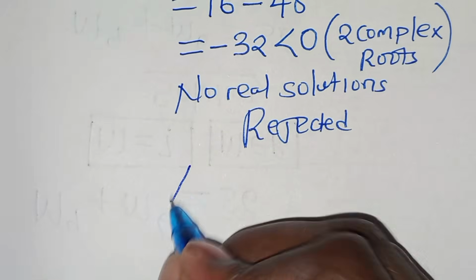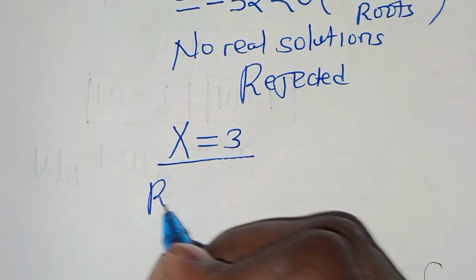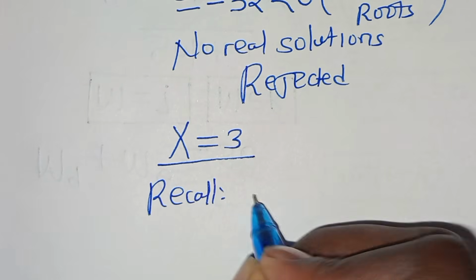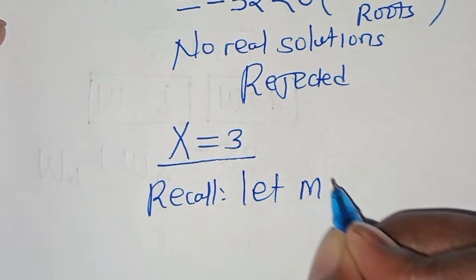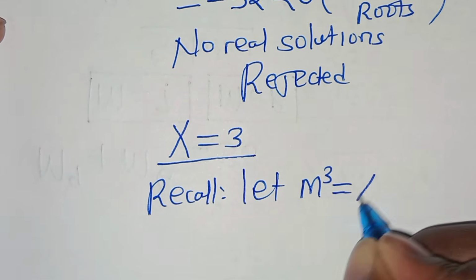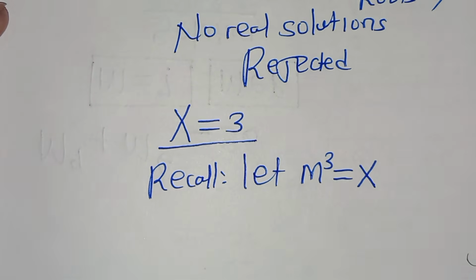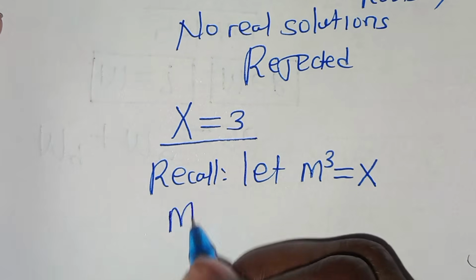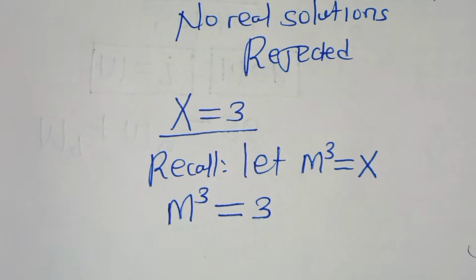Now, since we have x is equal to 3, and if you recall, we said let m to the power of 3 be equal to x. So this implies that m to the power of 3 is equal to x, which is 3.